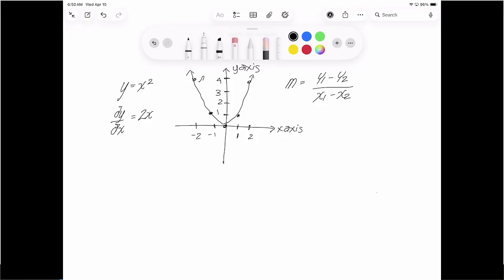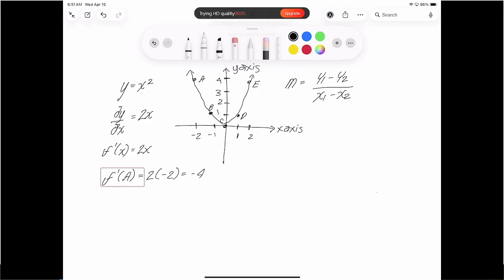So we're going to find the slope for these 5 points. In this case, the slope becomes 2x. So for A, that equals 2 times -2, that equals -4.